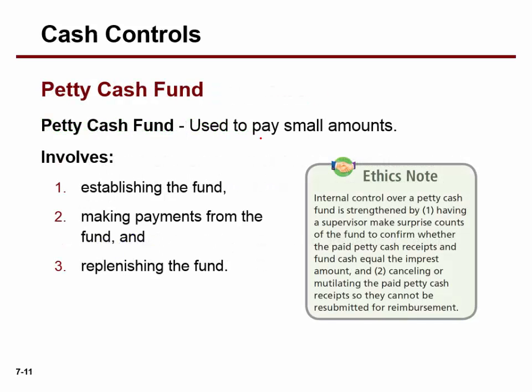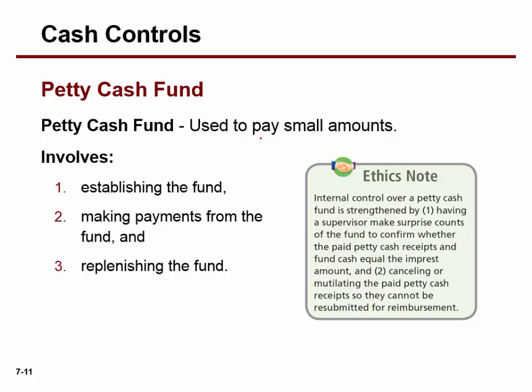Okay, good. So most of our focus here is going to be on something called petty cash. With petty cash, we essentially are going to have cash on the premises for small purchases. So we have $100 in the petty cash, for example, and something comes up that we have to buy stamps, let's say.